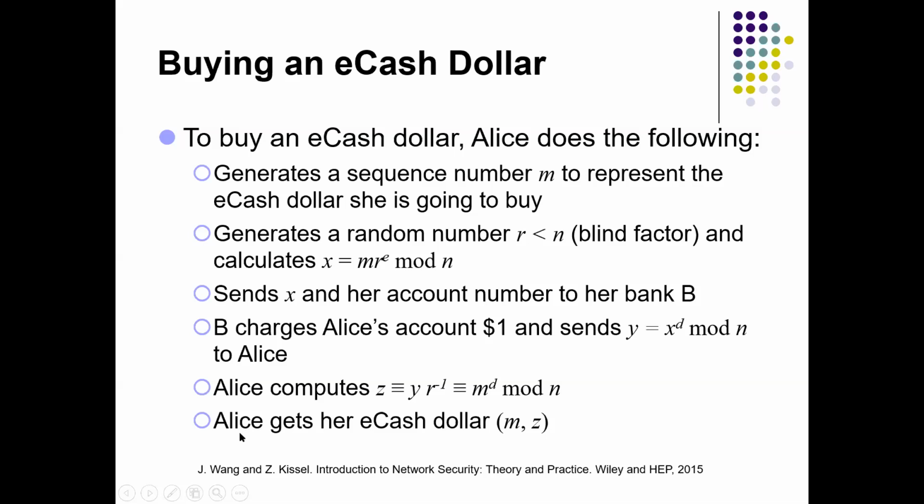That means finally, Alice gets her eCash dollar, M comma Z, where Z is M to the D modulo N.